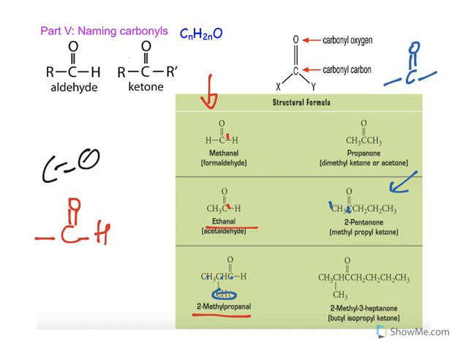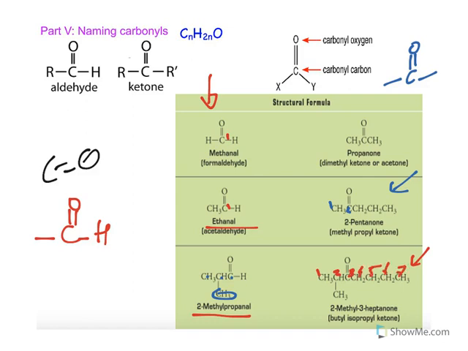The difference between aldehydes and ketones is that in the naming of a ketone, you have to mention the number where the C=O is located. If you look at this example, the C=O is bonded to the 3rd carbon, 4, 5, 6, and 7.